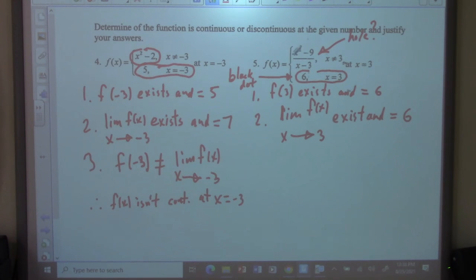And if you plug in 3 for x, you get x plus 3, so that'd be 3 plus 3, so that would check out. So now we write f of 3 equals the limit as x approaches 3 of f of x. Is that a true statement? Yes. So therefore, f of x is continuous at x equals 3.